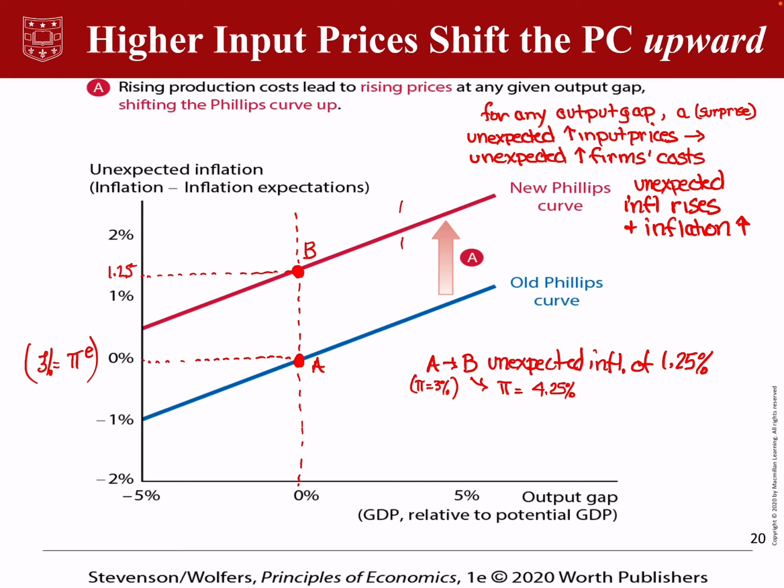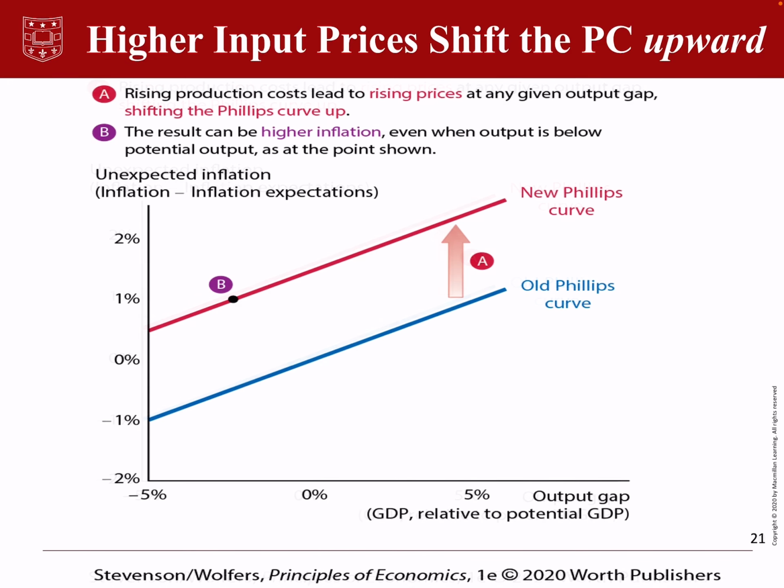Similarly, we could observe that relationship, that idea, regardless of what the output gap is. And importantly, when we look at the picture, even if we had an output gap that was negative, so suppose that we have output that is below potential. If we have a supply shock in the form of, say, higher input prices, or indeed any of the supply shocks that we're going to describe, the economy can still be producing below potential and see an escalation in the rate of inflation.